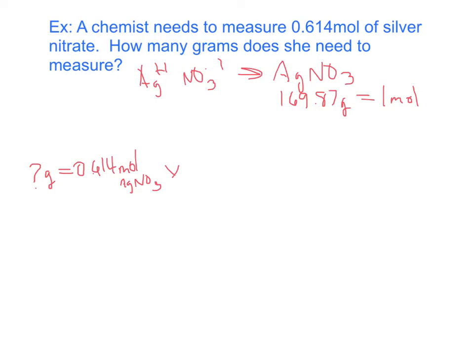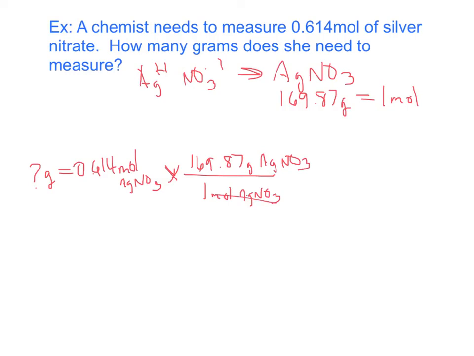Okay, so we're going to install the correct conversion factor here. So we've got moles, so we want to put our 1 mole on the bottom of AgNO3, and the equivalent number of grams to a mole, which is 169.87 grams for silver nitrate.